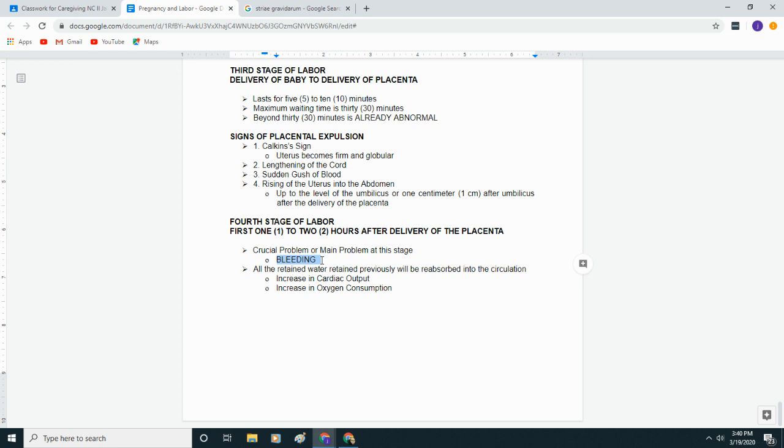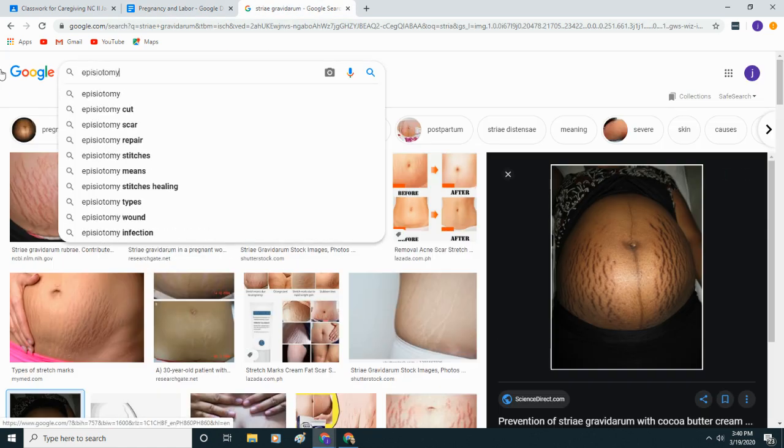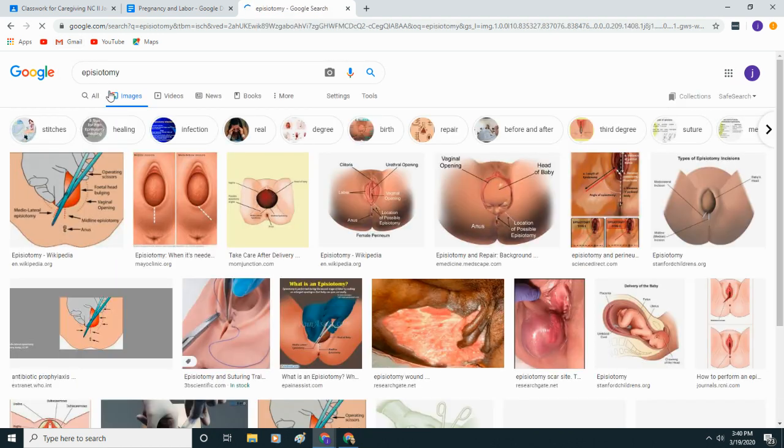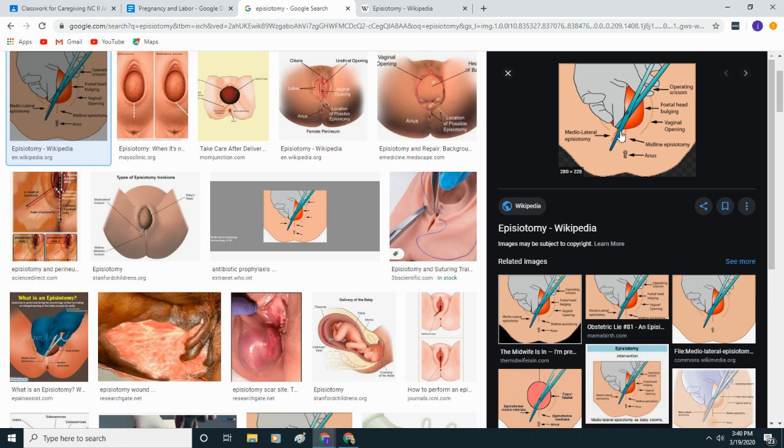Then, episiotomy kasi, when we say episiotomy, and episiotomy is where we are cutting yung part, this one. Yan. We are cutting the perineum of the mother. Okay? To give way for the expulsion of baby.